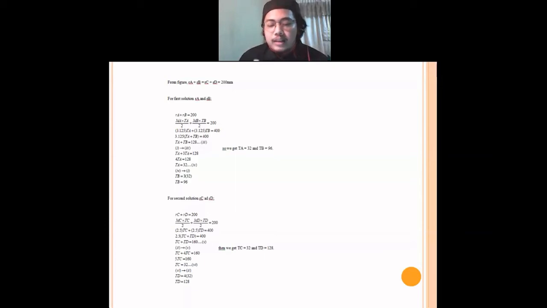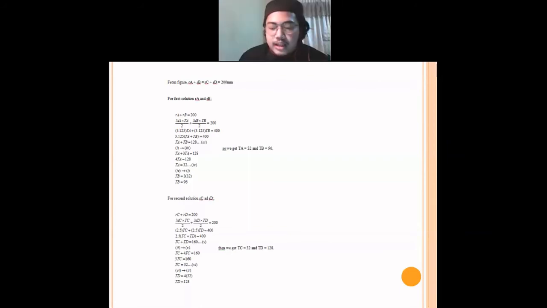So after substituting into the calculation using this formula, now we get the number of teeth for gear A is 32 and the number of teeth for gear B is 96.